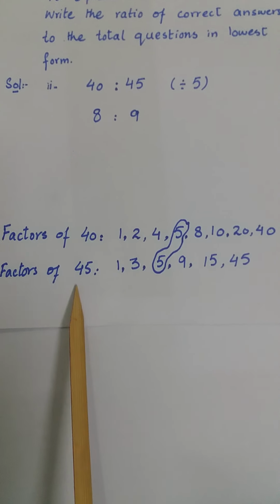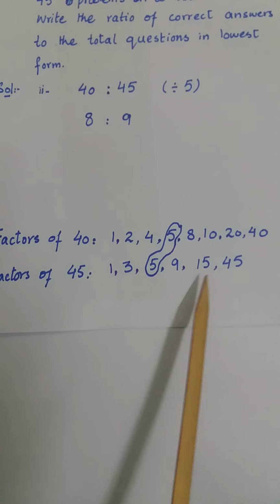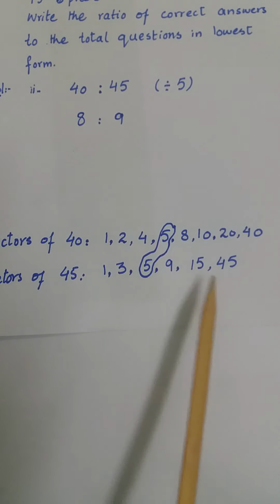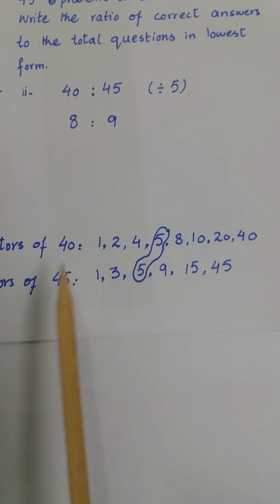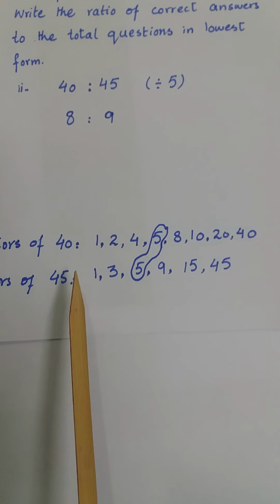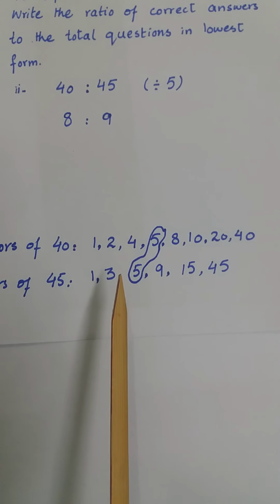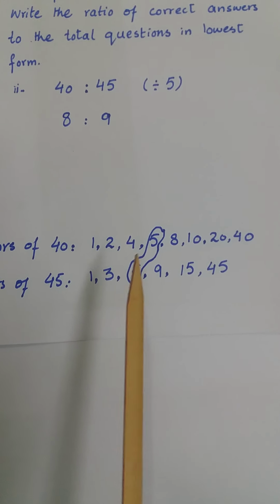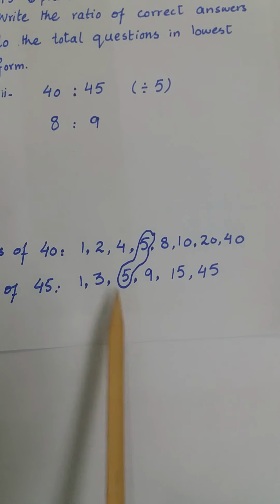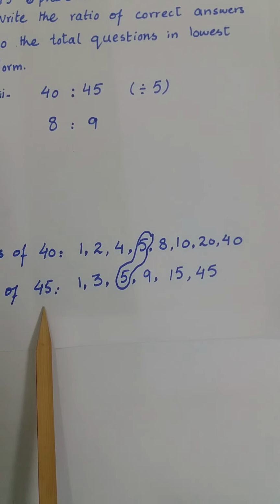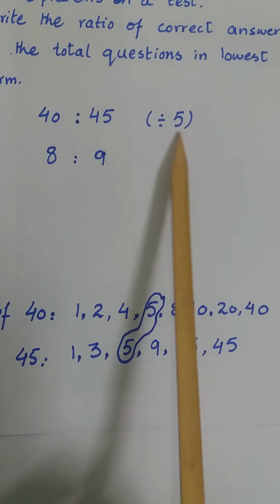Now the factors of 45 are 1, 3, 5, 9, 15 and 45. Factors of 45 include all those numbers which can divide 45. Now we will see which one is the highest common factor between these two numbers. The 5 is the only number which is a common divisor for these two numbers. So we will use 5 here to reduce this ratio.